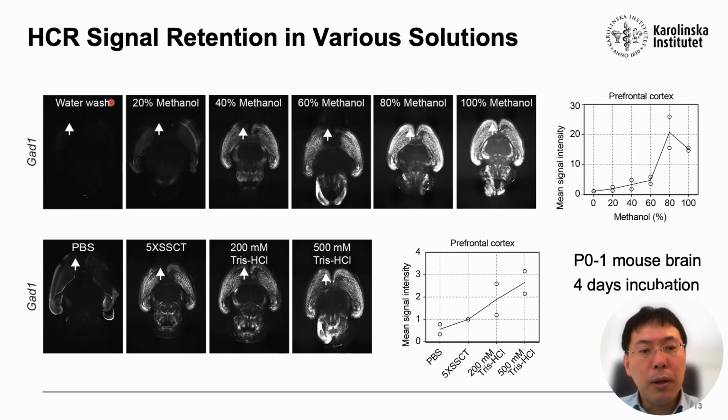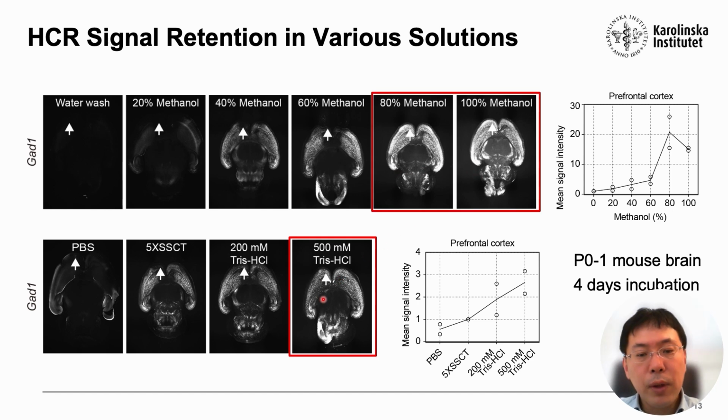We tested methanol at different concentrations, PBS, 5x SSCT, and 2 different concentrations of Tris-HCl buffer. We found that either 80% or 100% methanol or 500 millimolar Tris-HCl buffer effectively preserved the DNA chains.